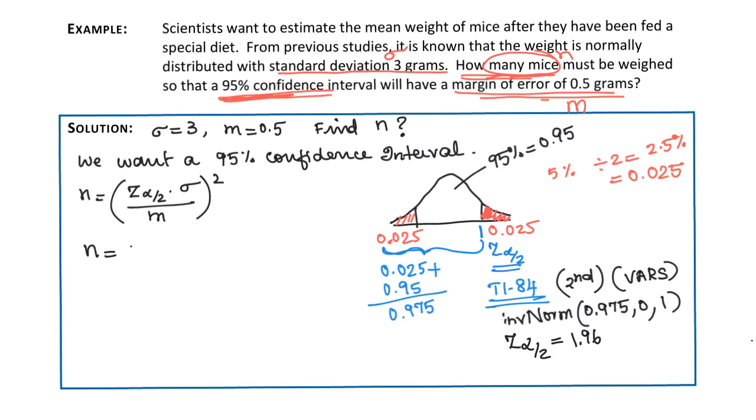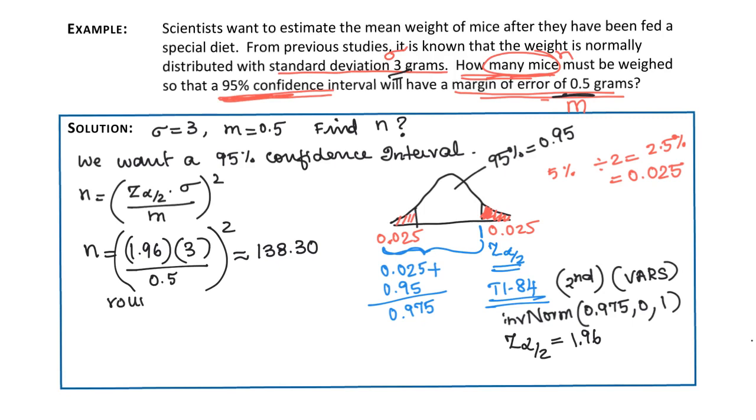So n equals 1.96 times sigma, which is 3, divided by m, which is 0.5, then square all of these. Then you will get approximately 138.30. So we need to round up here. So 139.